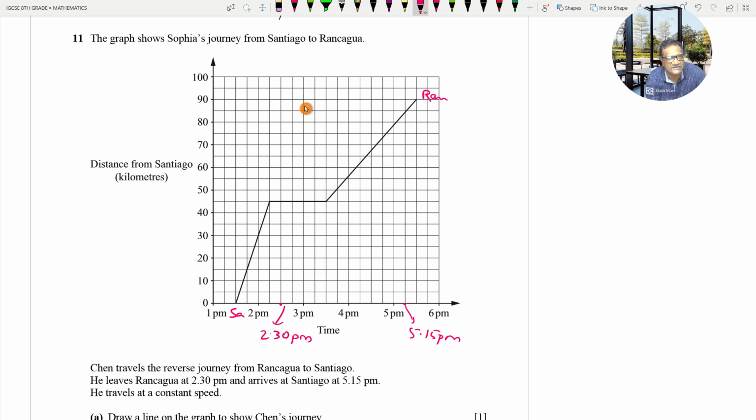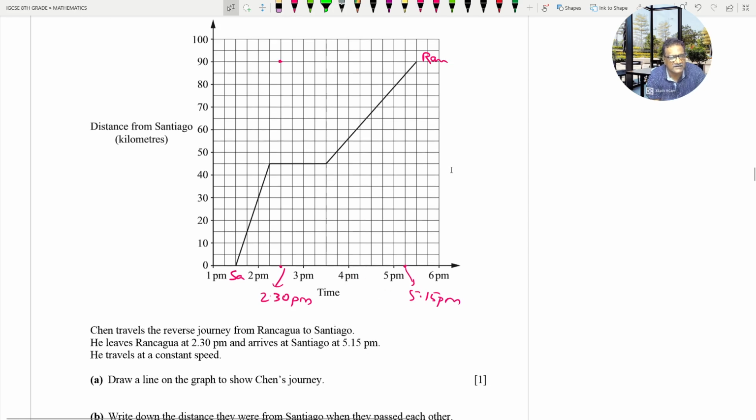How much? 90. So I will take a point over here. This is the starting point of this fellow. And at 5:15 p.m. he reaches this point. Okay, so this is that point, 5:15 p.m.